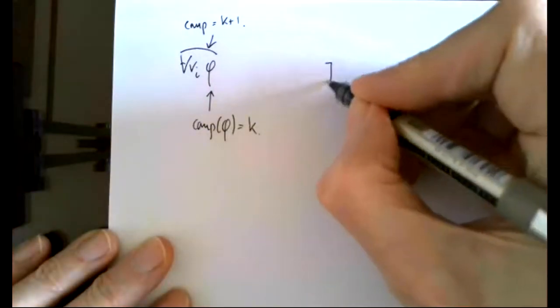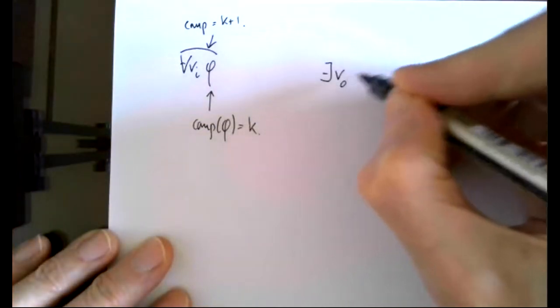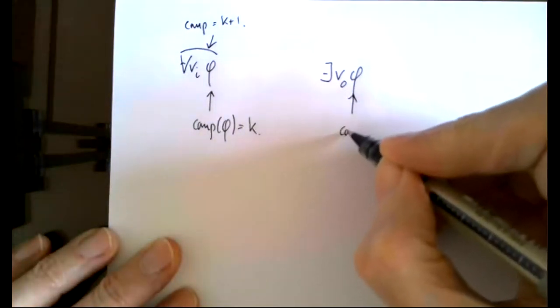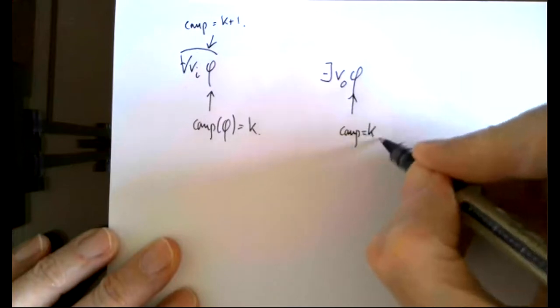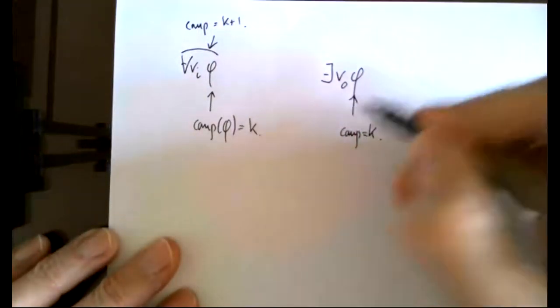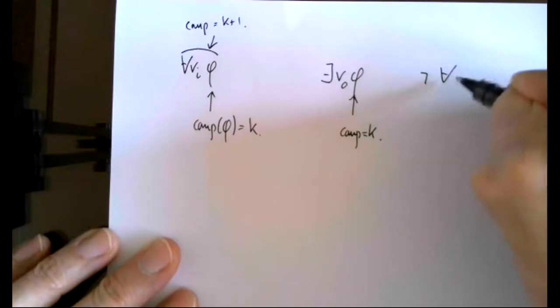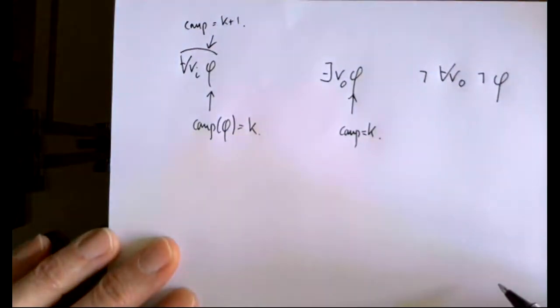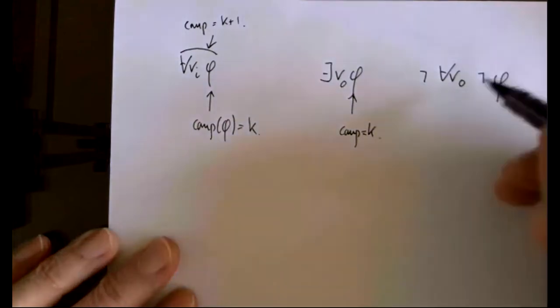Now, if I want to look at the complexity of exists vi phi, again let's assume phi has complexity k. Officially, exists is the same as not for all not phi.